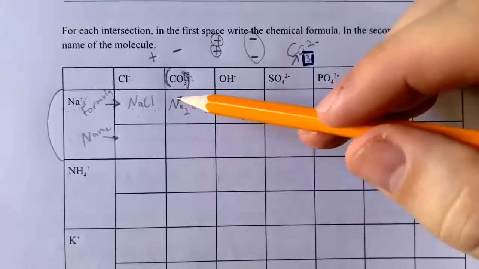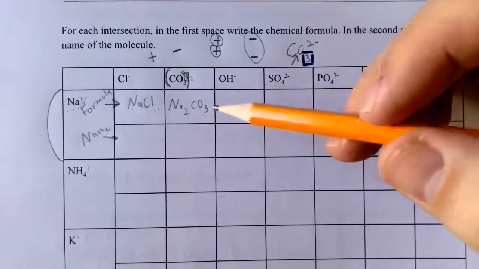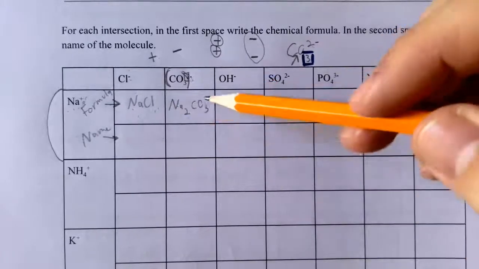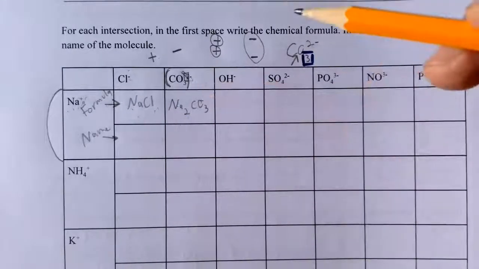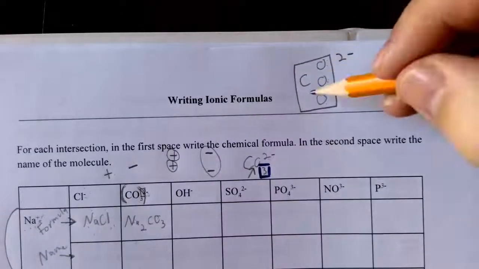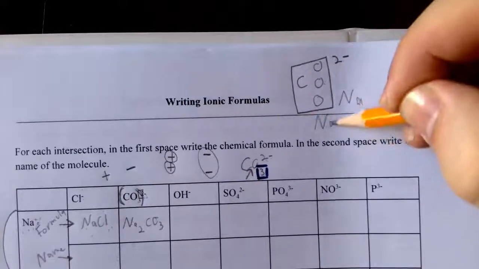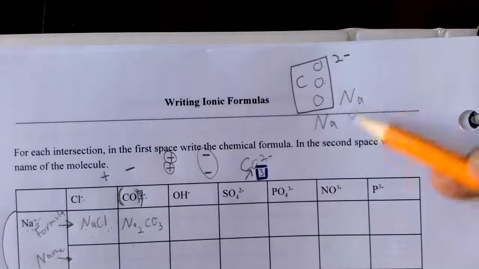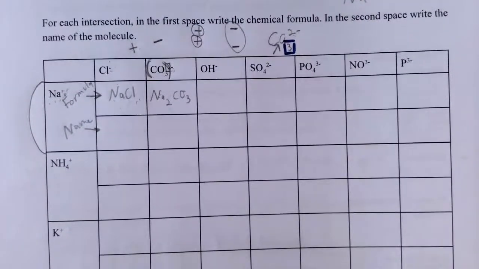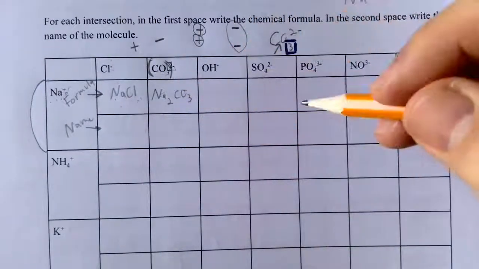If I have Na2CO3, sodium carbonate, I will have 2 sodiums for every 1 carbonate. Okay? If I model that out, I've got C with 3 O's, and I'm going to have an Na by it and another Na by it. That's the ratio I'm going to have here. So that's why we write it in the specific way that we do. We're trying to communicate the exact number of atoms here.